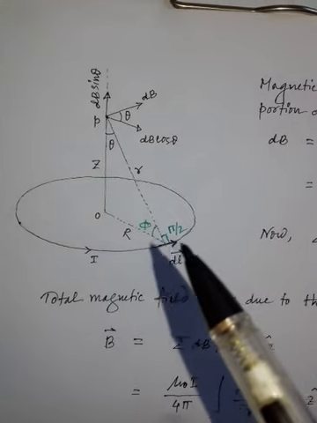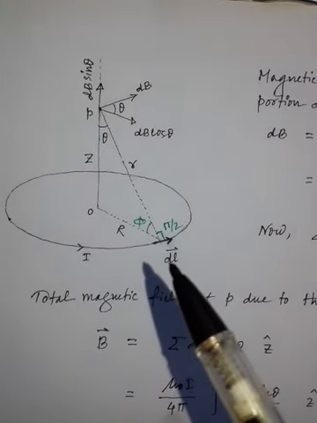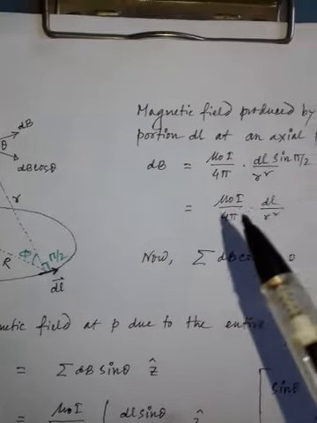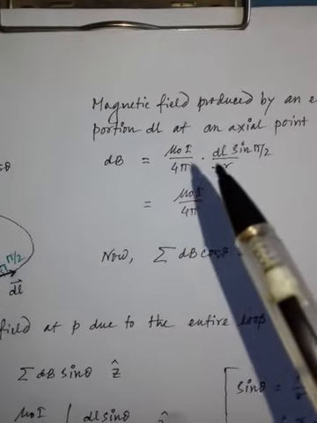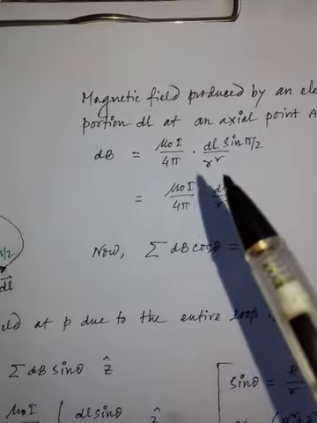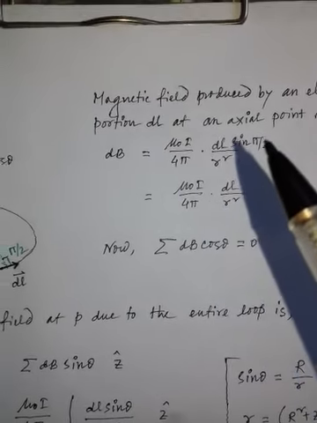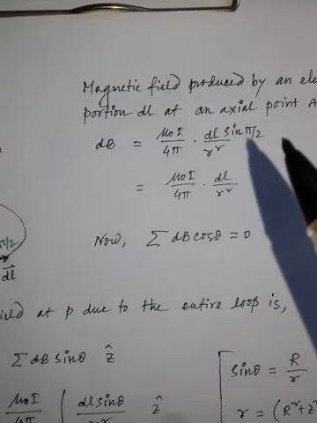According to the Biot-Savart law, the magnetic field at P due to dl takes the form mu naught I by 4 pi dl sine pi by 2 by r square, which is equal to mu naught I by 4 pi dl by r square, as sine pi by 2 gives 1.